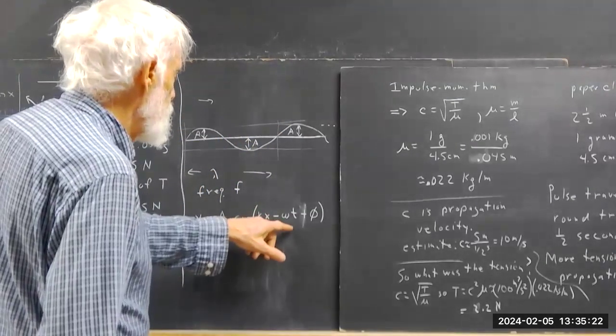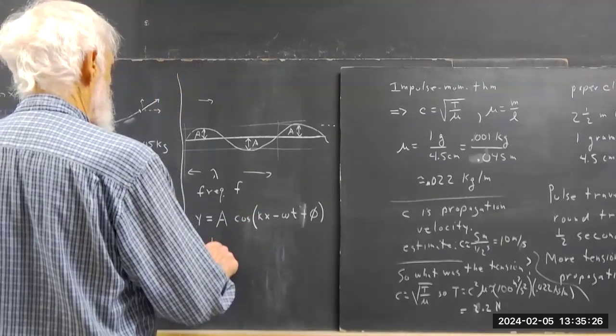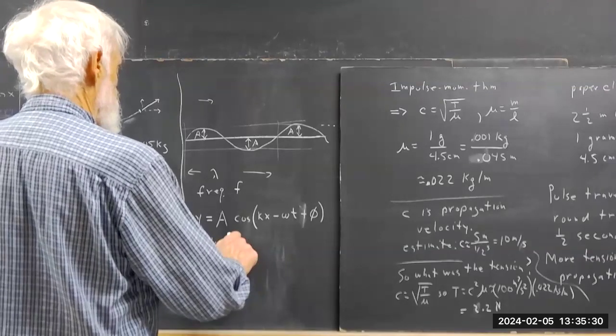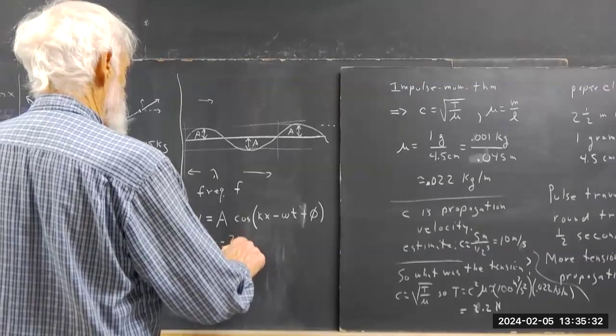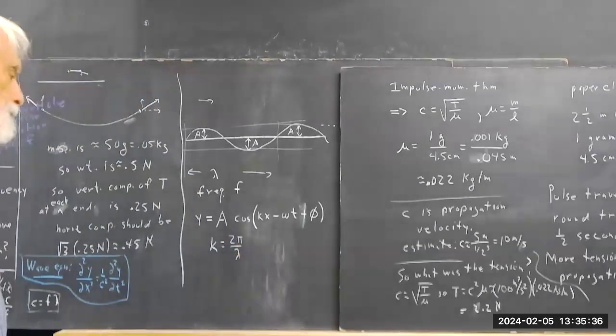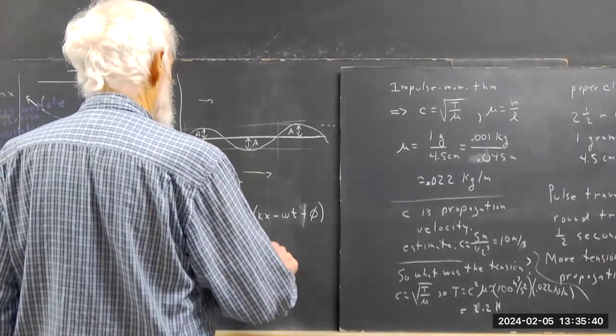To figure out the relationship between omega and k, k is 2 pi over lambda. This is called the wave number.